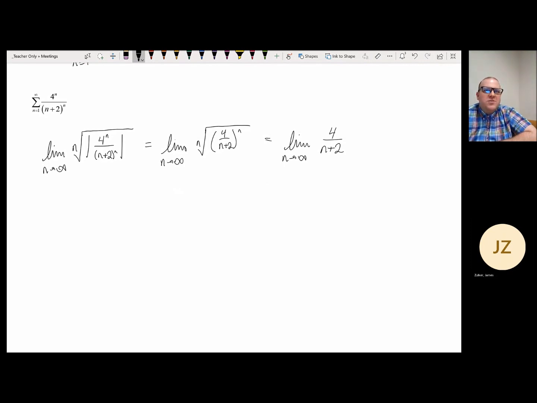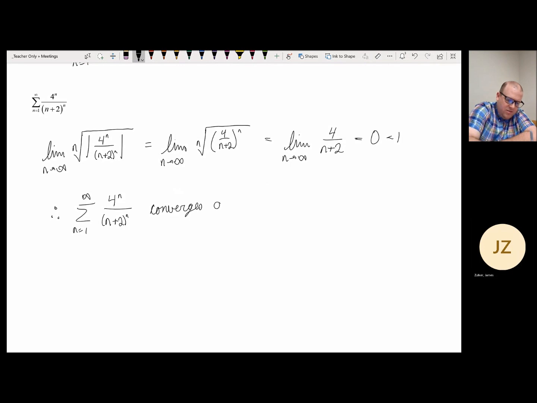Odd powers, you don't need the absolute values. And what is that limit? Which is less than 1. The series converges absolutely by the root test.